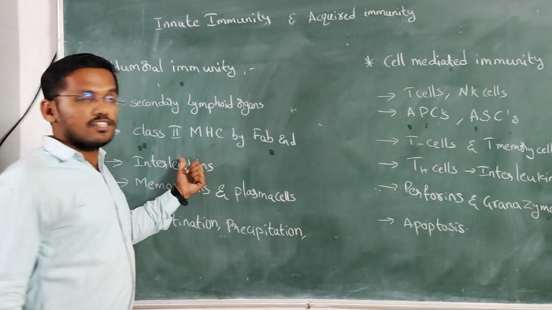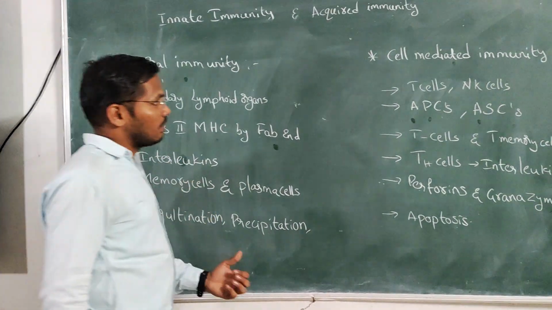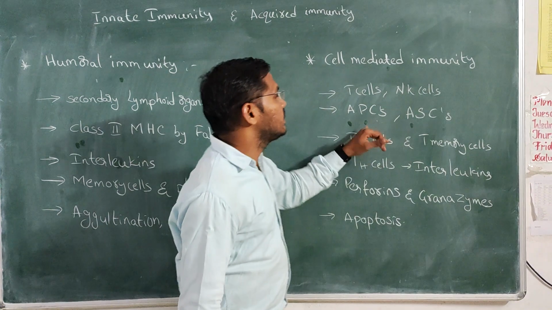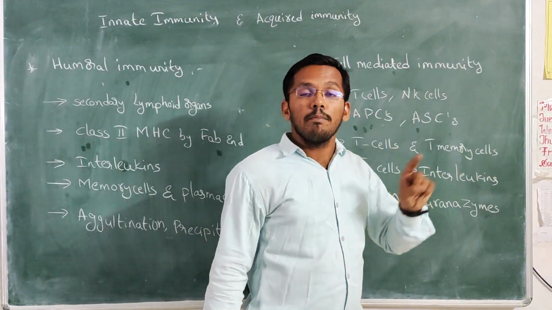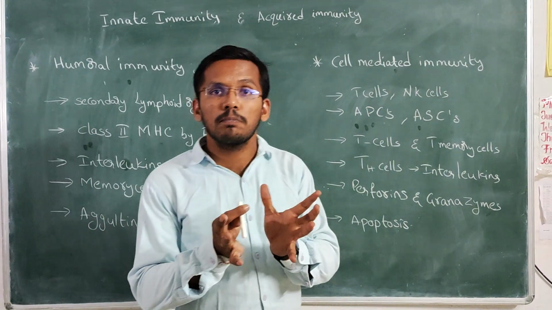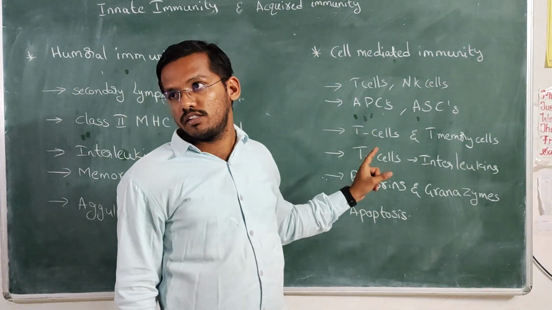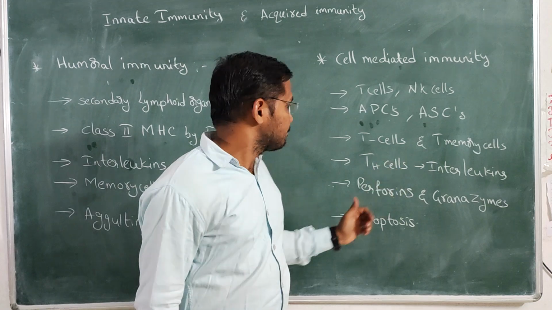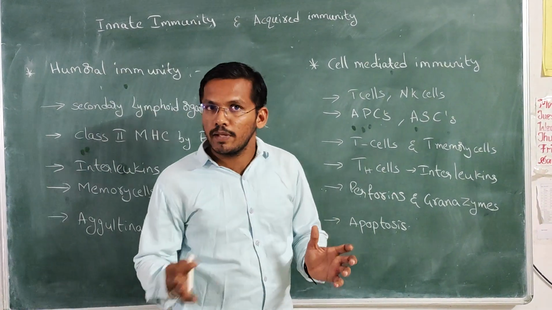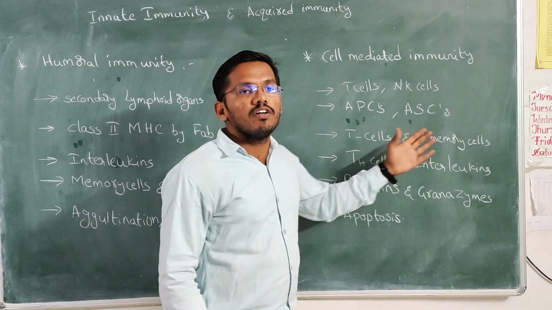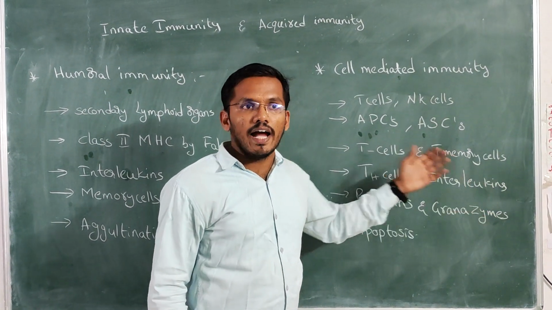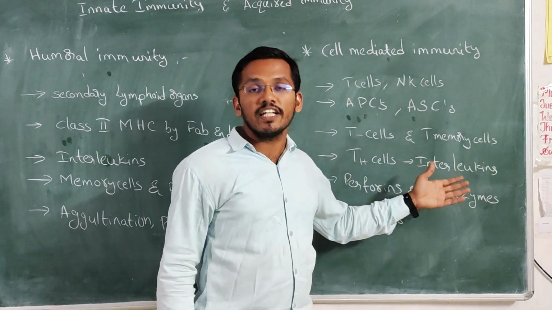Whereas humoral immunity uses class 2 MHC, in cell-mediated immunity the APCs and ASCs play an important role in displaying the information of the particular antigen, which is mediated by natural killer cells or T cells. After displaying the information, the T cells will differentiate into T memory cells, and the T cells will release interleukins.